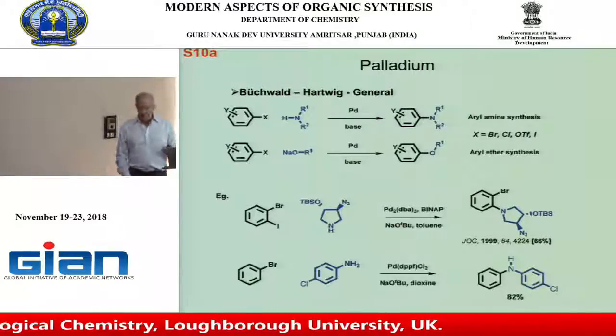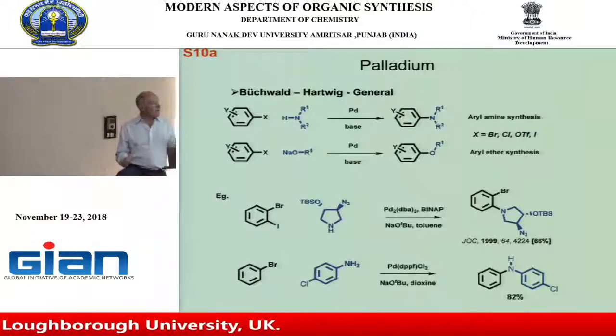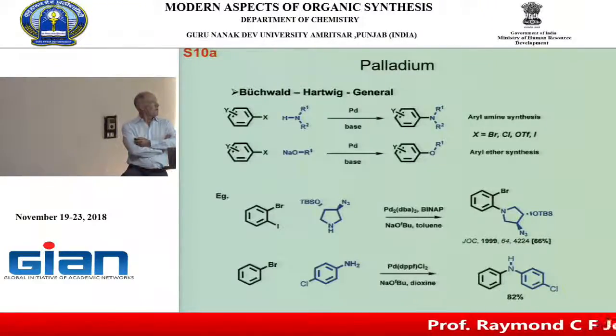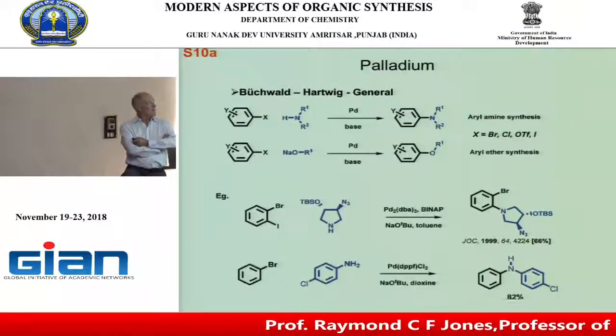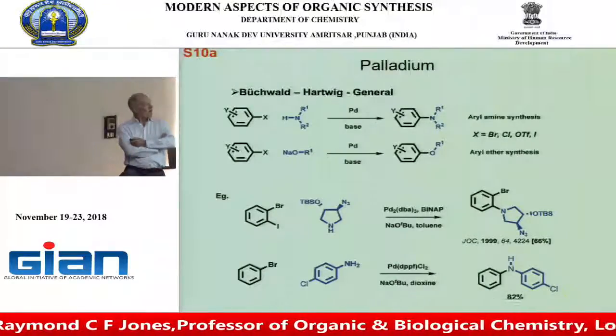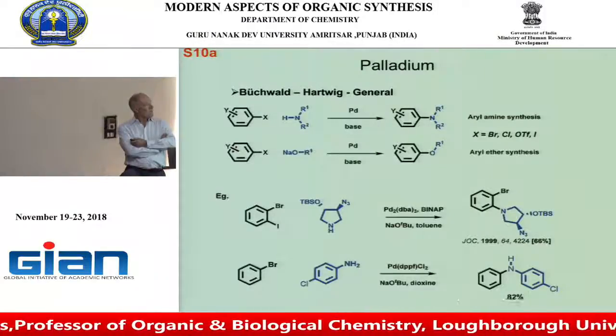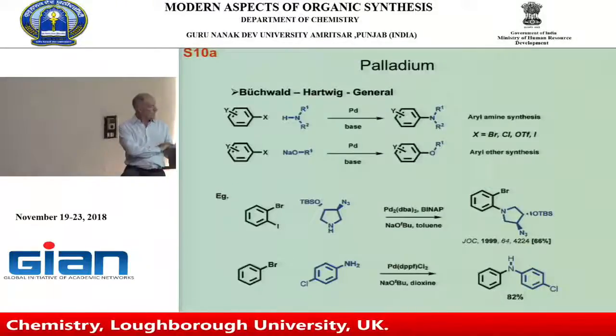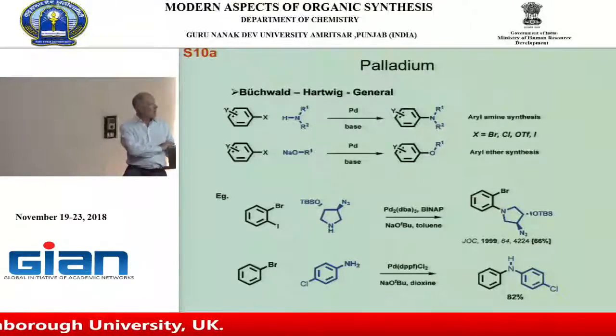Now, while we're on palladium, I want to talk about a family of reactions generated separately by Buchwald and Hartwig in the States, which is where the nucleophile is now a heteroatom, a nitrogen or an oxygen.